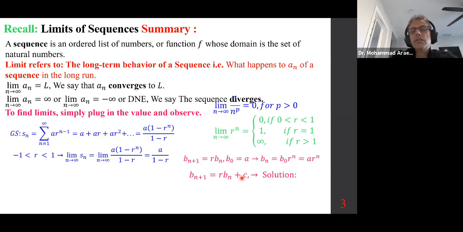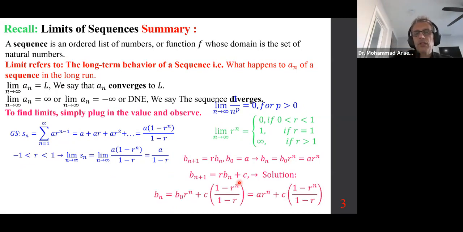If we add a constant, an example of that would be giving medication to patients. We have the following solution. B sub n is B sub 0 or A, depending on the text, r to the power of n plus the constant times 1 minus r to the power of n over 1 minus r.